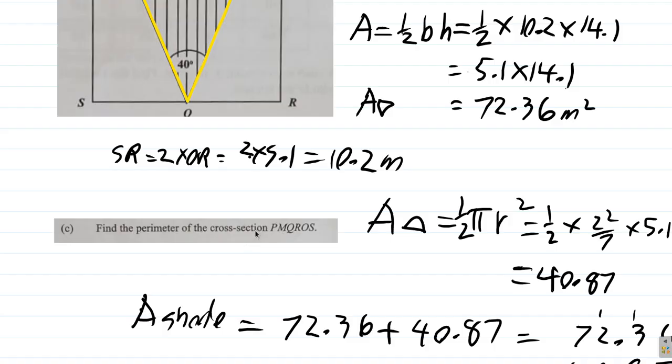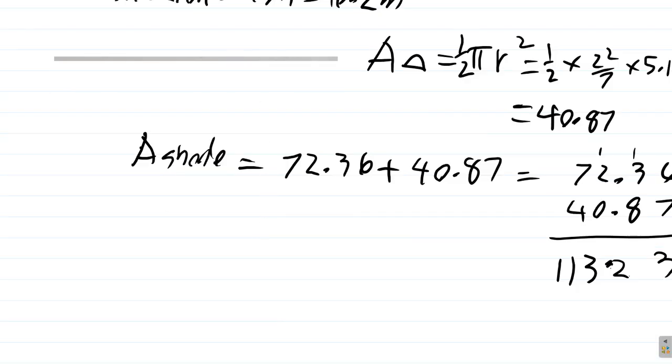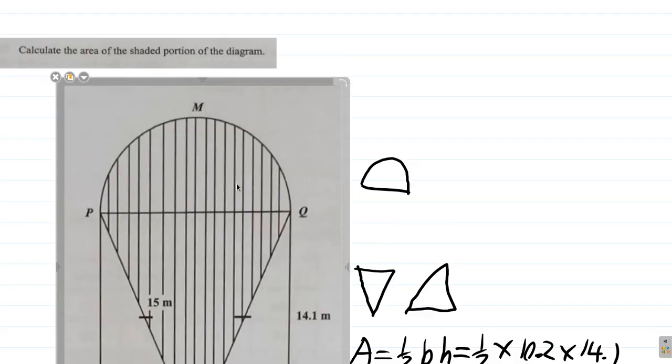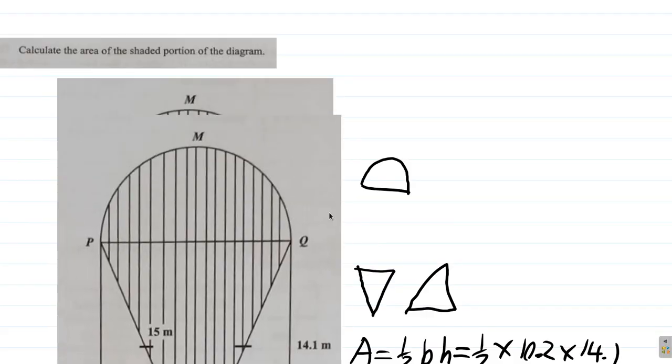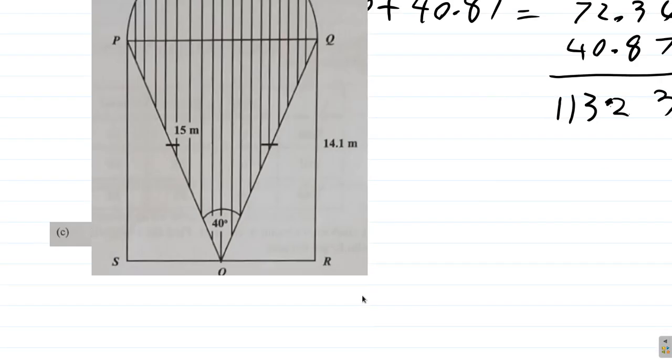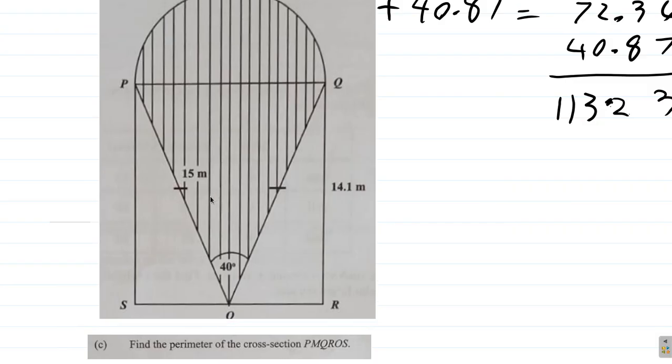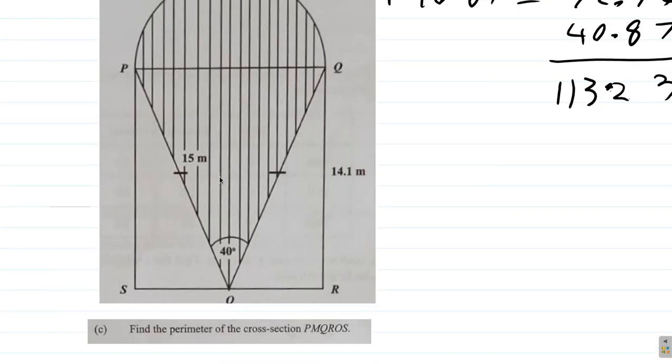Let's use up the space down here. Alright, good. Now, what are the measurements we have? We have 15 meters here. I didn't bother to write the M because I don't want to crowd the diagram too much.